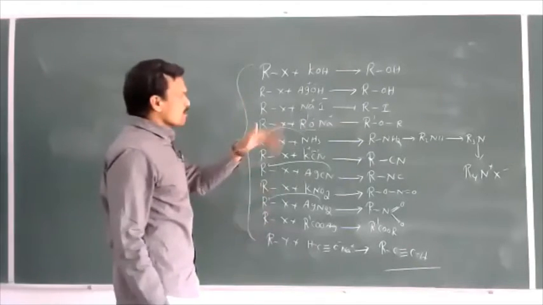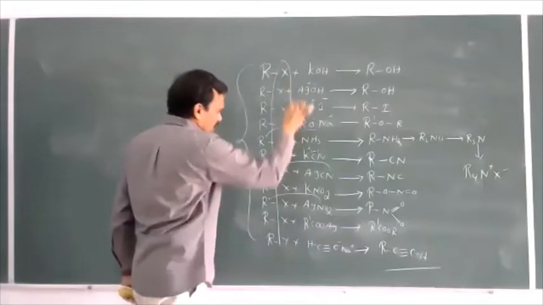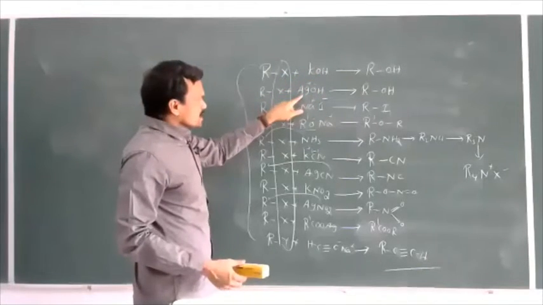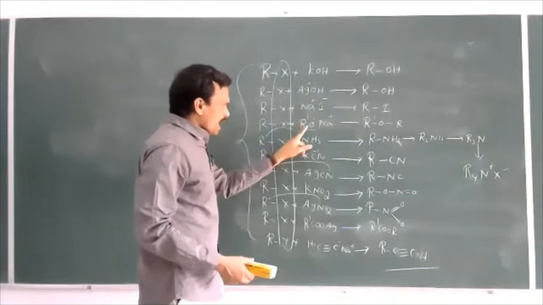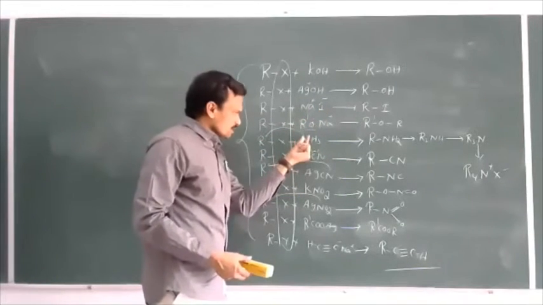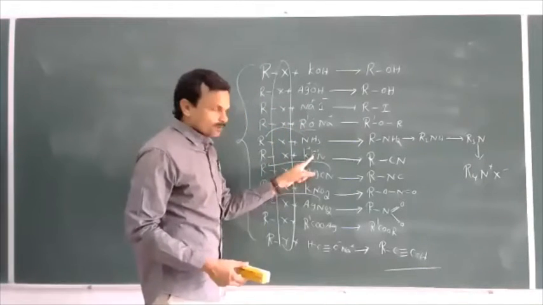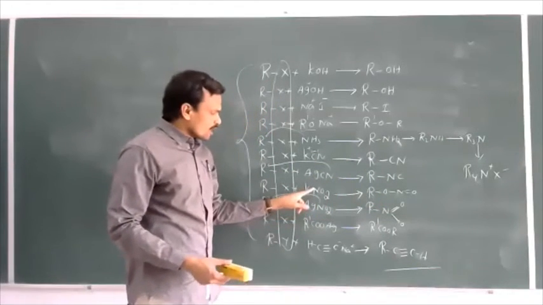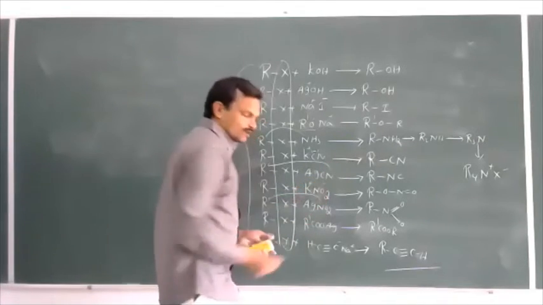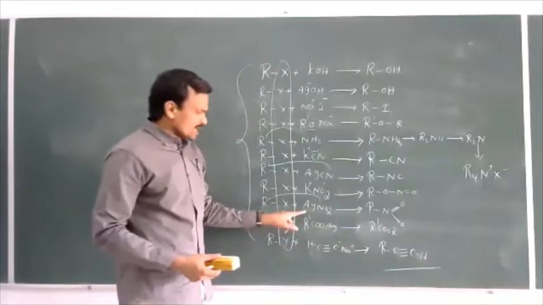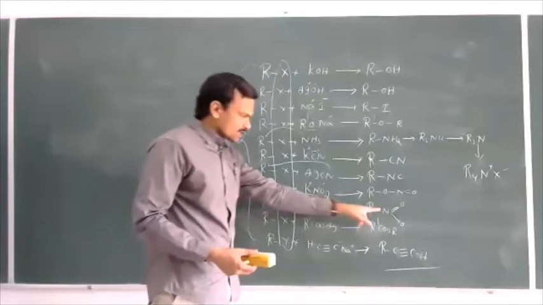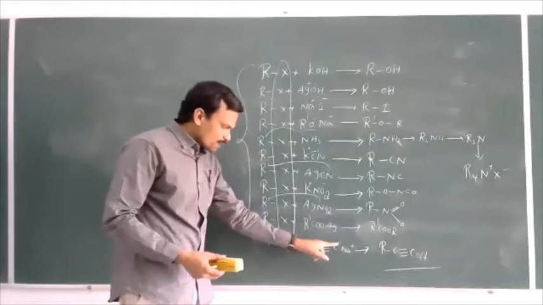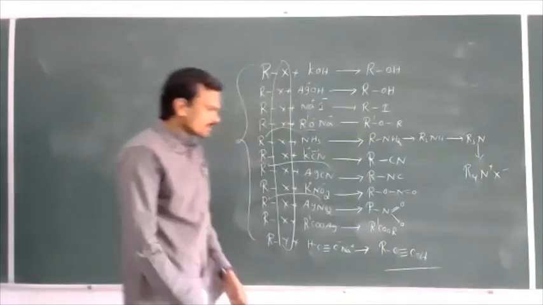In all these cases, the common feature is that X minus in all the haloalkanes is replaced by the nucleophile of the attacking reagent: KOH, OH minus; AgOH, OH minus; NaI, I minus; R dash ONa, R dash O minus; NH3, this nitrogen donates its electron pair here; KCN, CN minus, carbon donor; AgCN, nitrogen donor, RNC we can get; KNO2, this splits into K plus and NO2 minus, and oxygen can donate its electron pair, we can get alkyl nitrite; AgNO2, nitrogen donates its electron pair, so we can get nitroalkane; RCOOAg, this oxygen donates its electron pair, we can get ester; acetylide, carbon donates its electron pair, we can get alkynes.